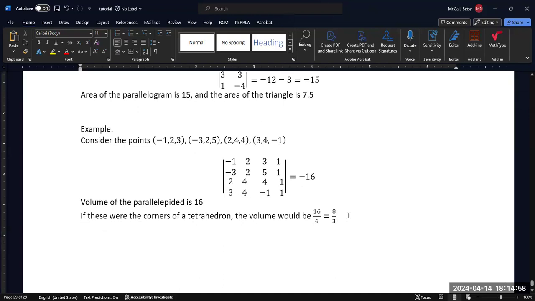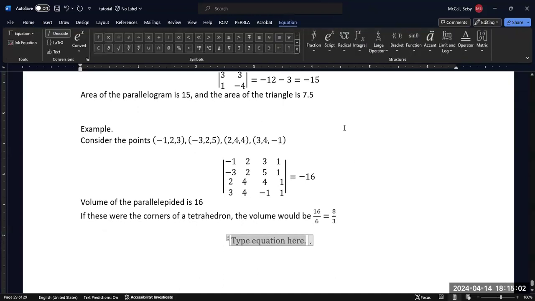Now, again, we can also have a vector version of this. If I calculate my vectors between my corresponding points, it's typically a good idea to pick a point that's your corner and then calculate vectors from that one to the other 3 points. So we're going to go from -1 to -3.